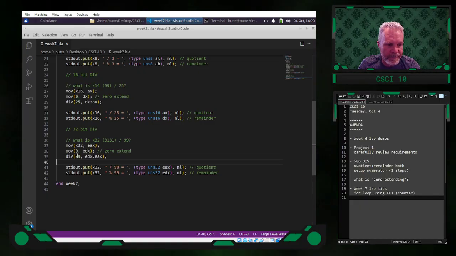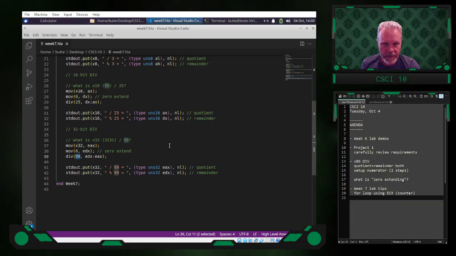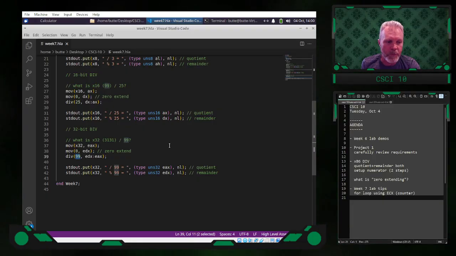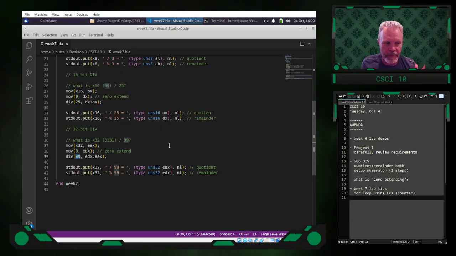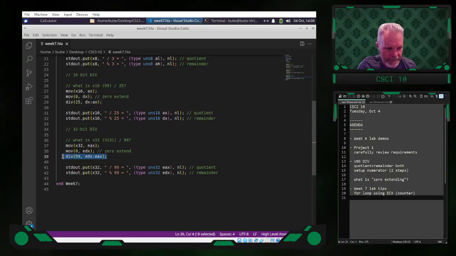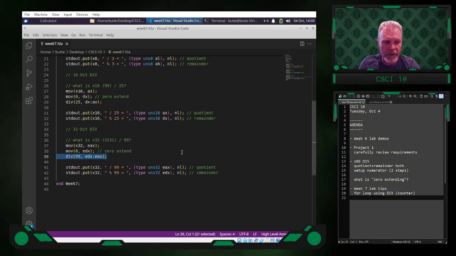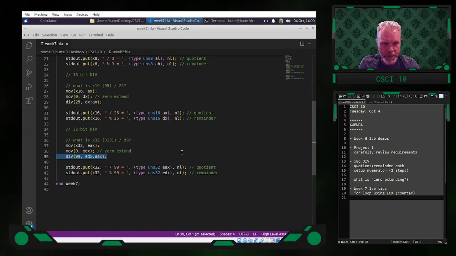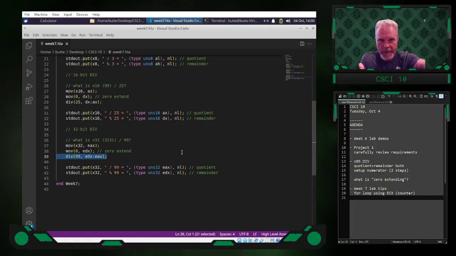So 99, that constant is anything that would fit there, right? So would 99 fit in 32 bits? It would, yes. So in this context, the compiler is going to treat that like a 32-bit value. Even though it doesn't need all 32 bits to represent itself, there'll be a bunch of zeros in there.